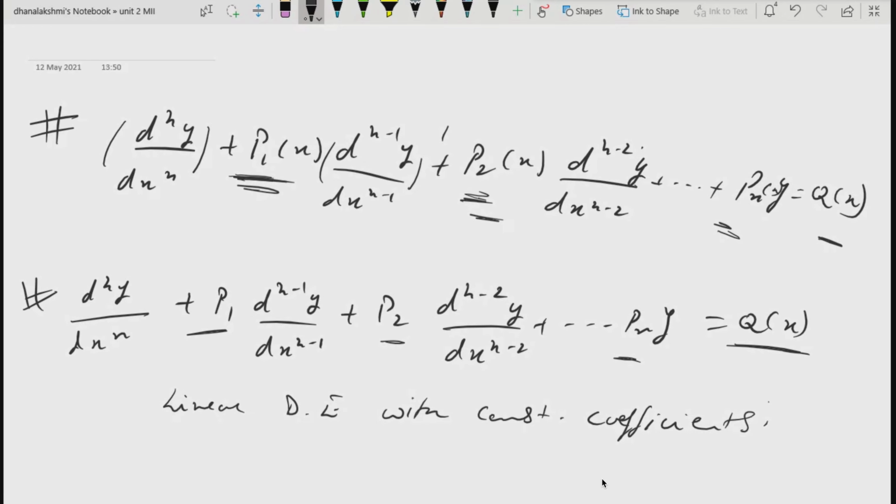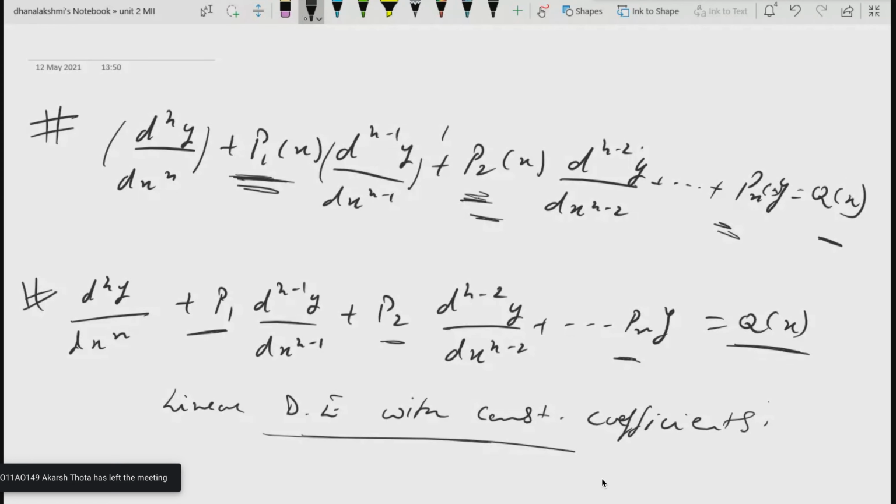Understood, all of you? Not at least one, but all should be constant. Even if one of them is a function of x, then you cannot say it is a linear differential equation with constant coefficients. Q can be a continuous function of x, or it can be constant, doesn't matter.